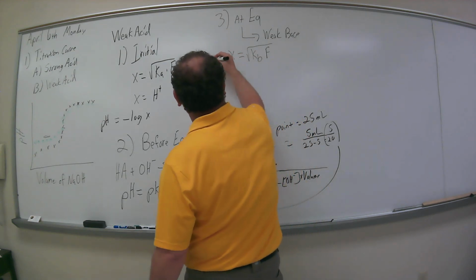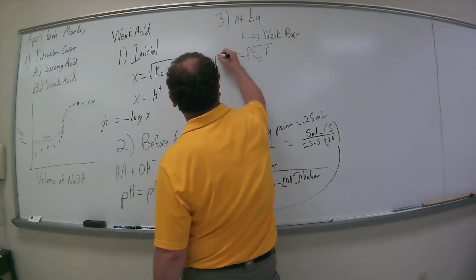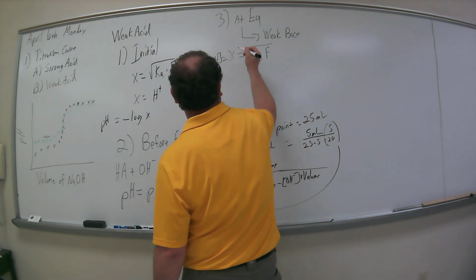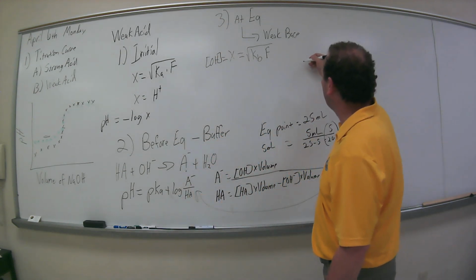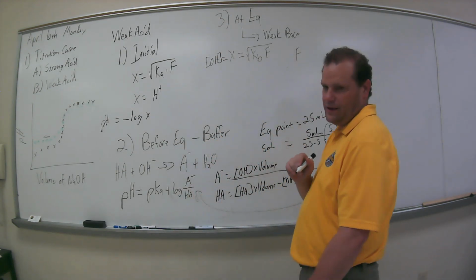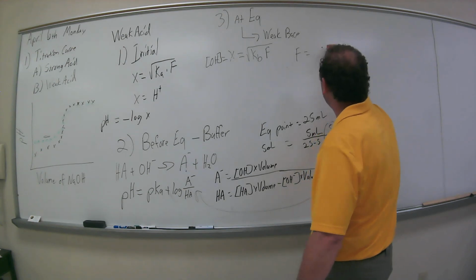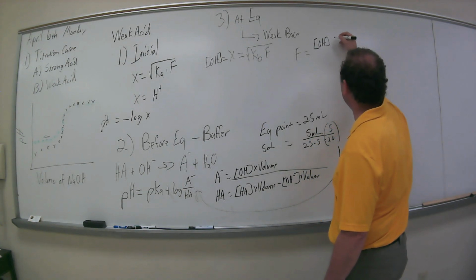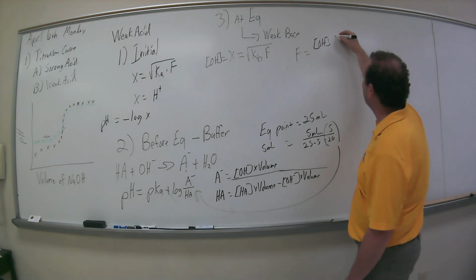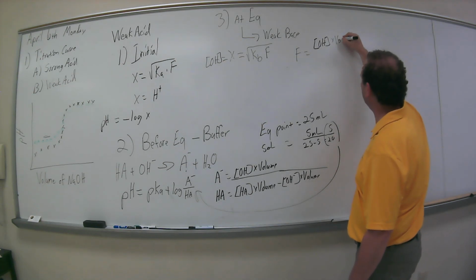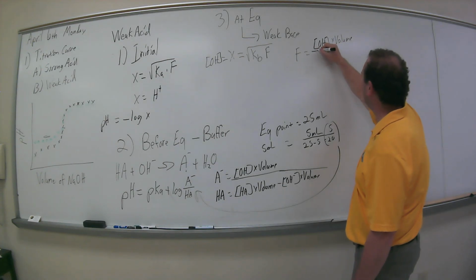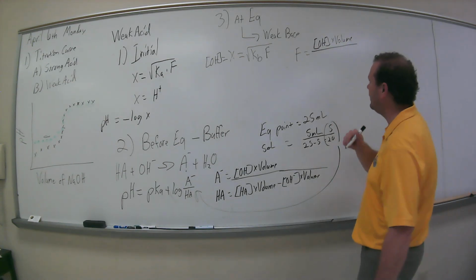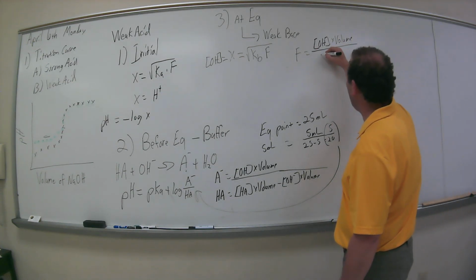So let me also add that this is my OH concentration. To find F, what we really need is how many moles we have. So take your concentration of your hydroxide times your volume, and then divide this by the total volume.